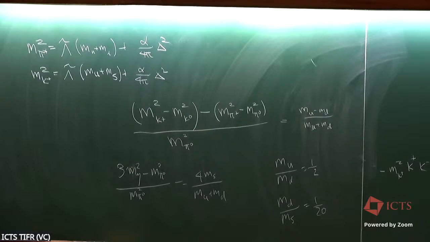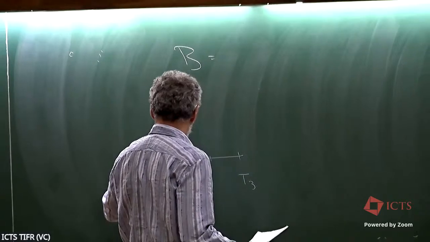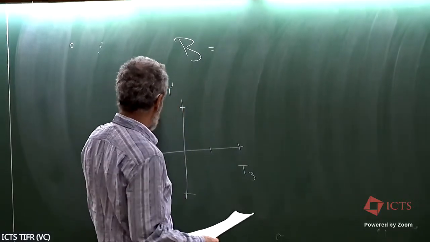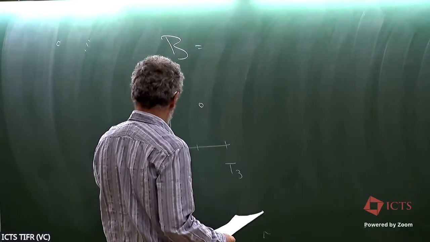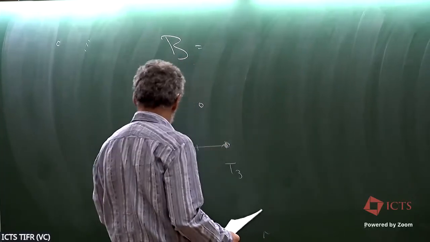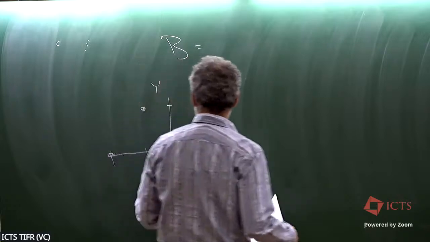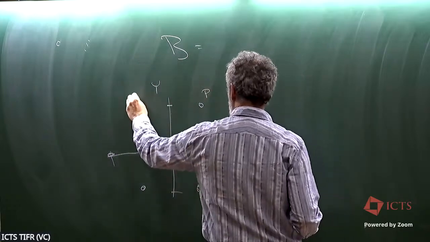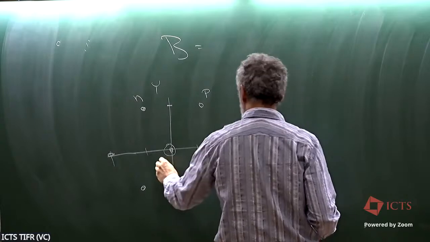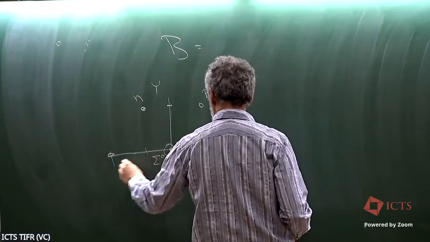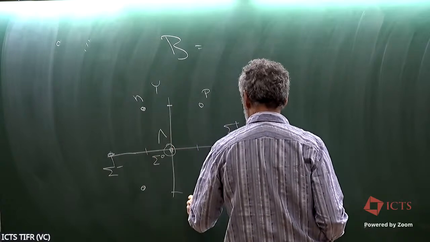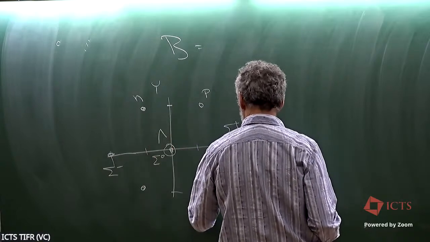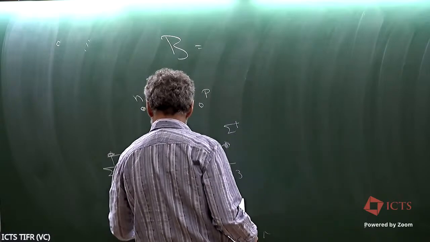So again, Y and isospin. It's a very similar picture to the octet of mesons, where here you've got the proton, the neutron, sigma plus, sigma 0, sigma minus, and lambda, and cascade 0 and cascade minus.